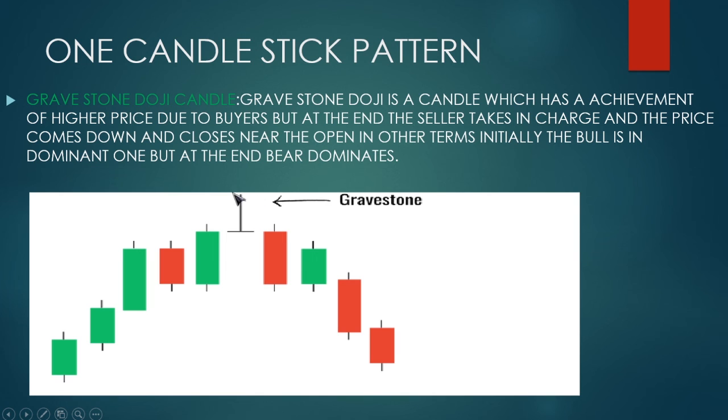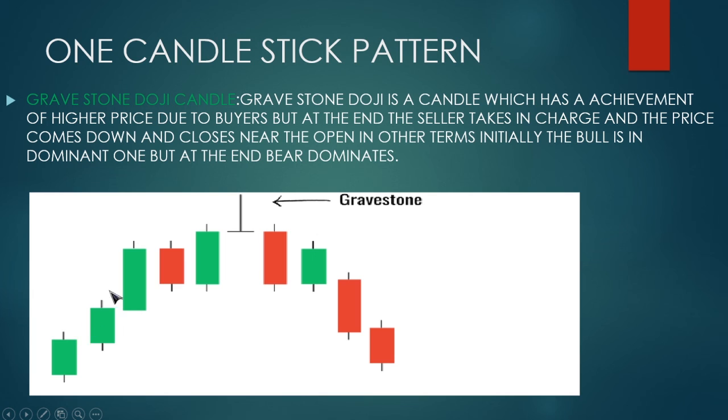The seller at the end brought the price here by dominating the buyer. Since initially it opened here, the buyer took the price up to here. At the end, what did the seller do? They brought the price from here to here by dominating the buyer. So here the seller dominates.